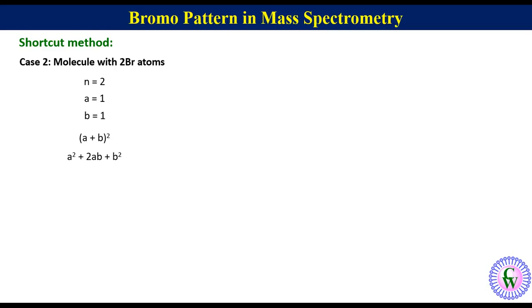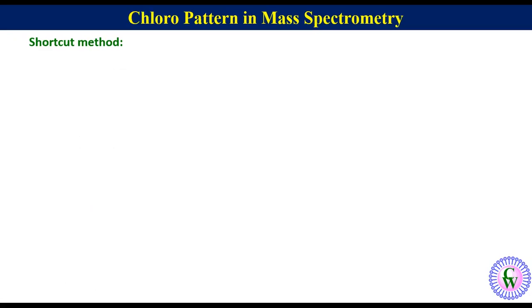Putting the values of A and B will give 1 square plus 2 into 1 into 1 plus 1 square, or 1 plus 2 plus 1. These are the relative abundance of M, M plus 2 and M plus 4 peaks. Thus, the intensity ratio of M, M plus 2 and M plus 4 peaks will be 1:2:1.